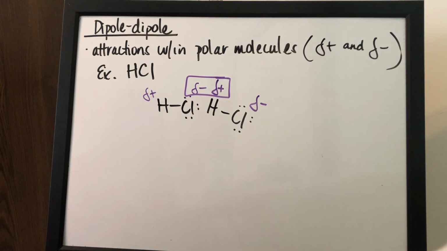Okay, so ion dipole was a full-blown ion in something polar, so something like an ionic compound that has ionized, where dipole-dipole are polar molecules being attracted to each other based on partial charges. Okay? All right.